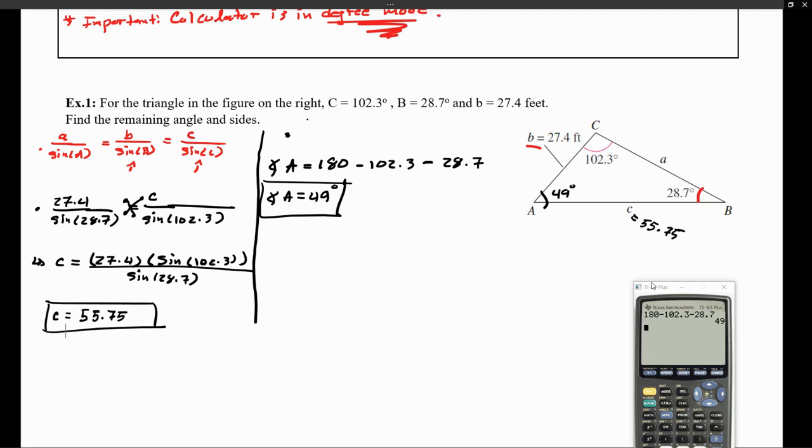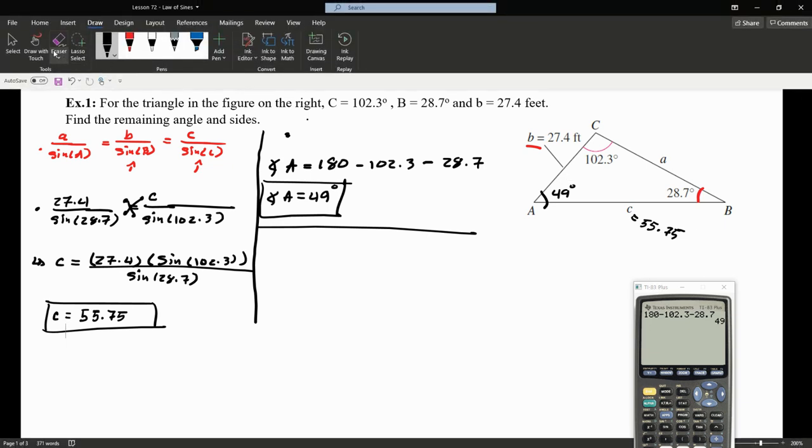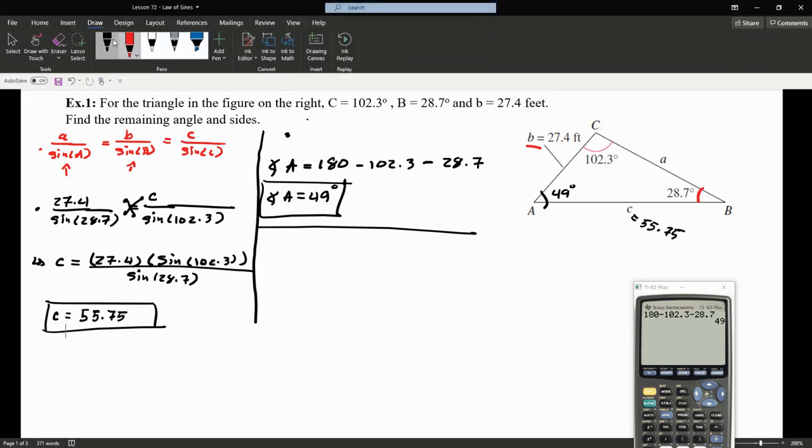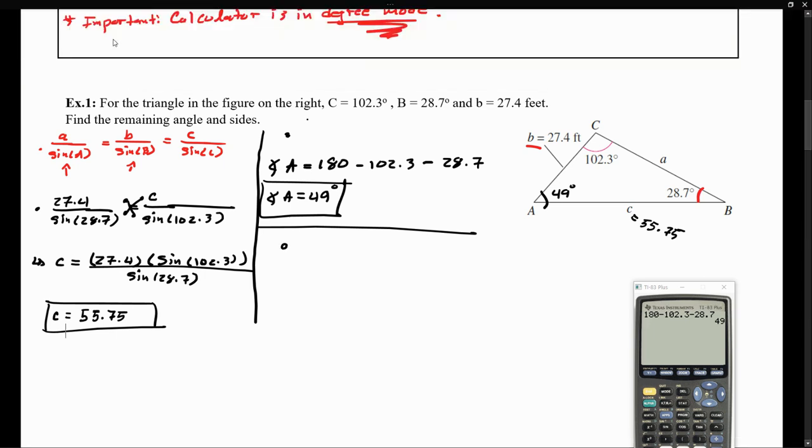And now notice that we have enough information to find little a. If we come back to the way that the law of sine has been stated here, I'm looking for little a, but I know angle A now, so I can definitely use this. I can say little a over the sine of angle A, which we already found out to be, not 47, but 49.